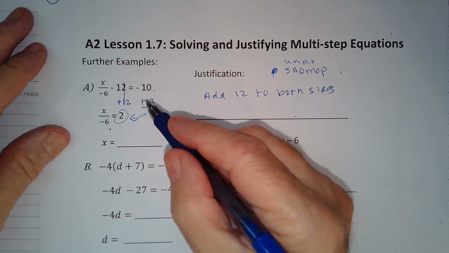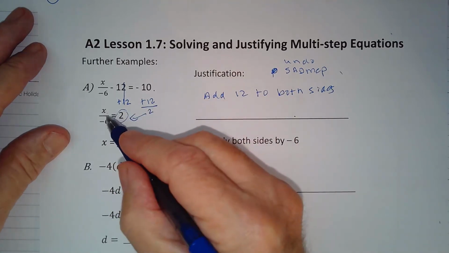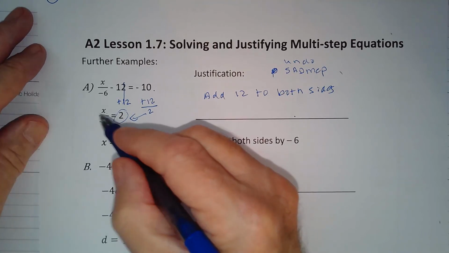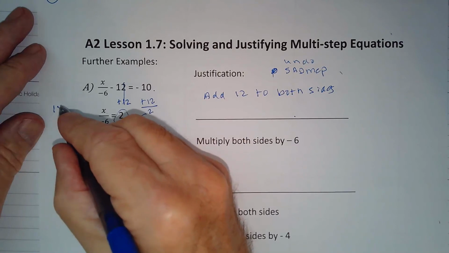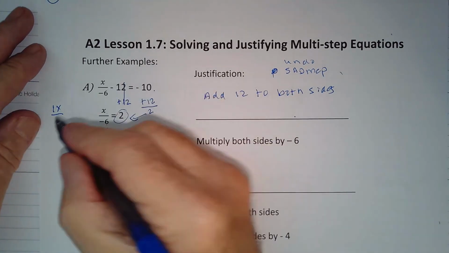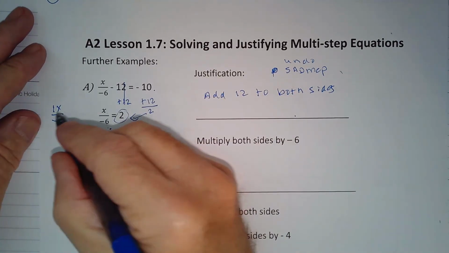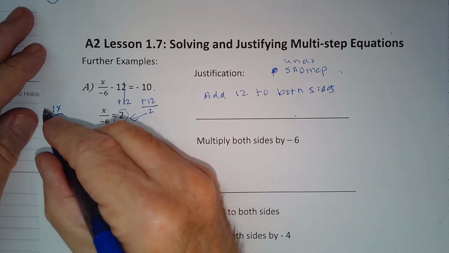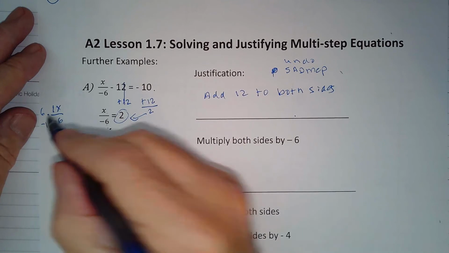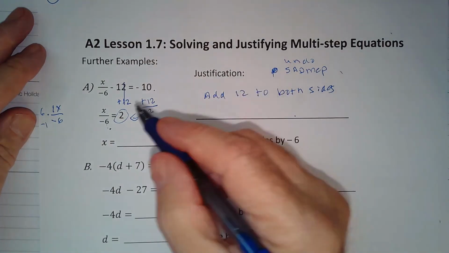Just to make this very clear, you would think of this as 1x over negative 6, and then multiply times the reciprocal of 1 over negative 6, so that's negative 6 over 1.